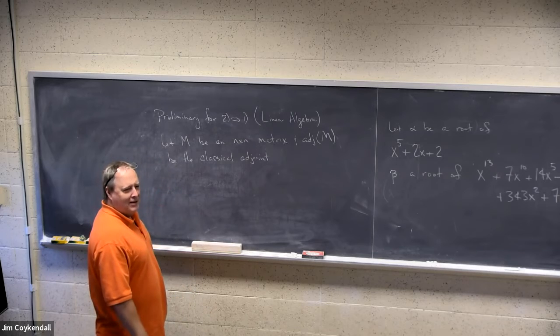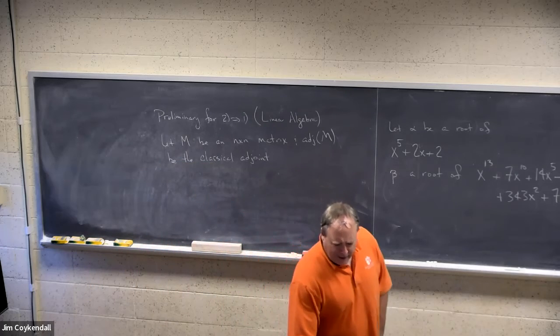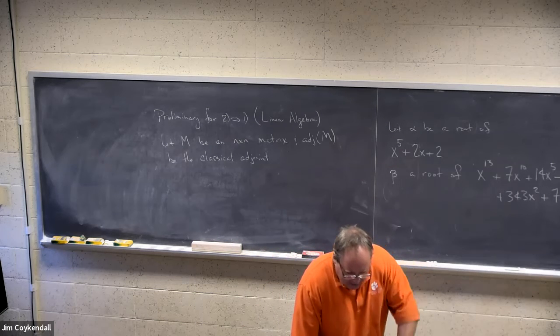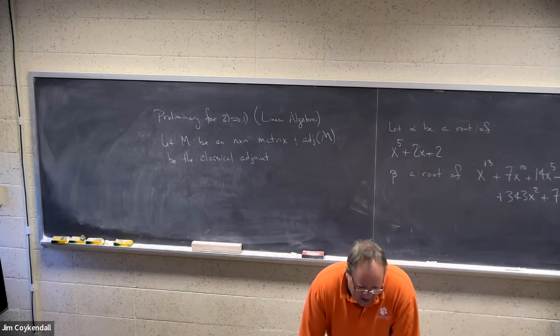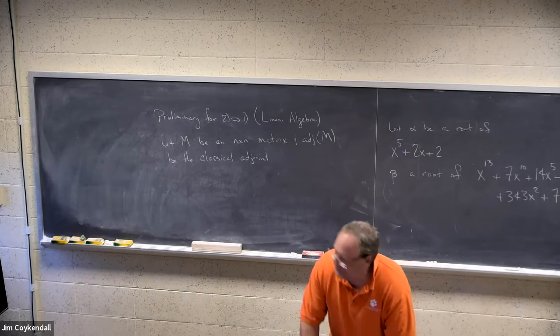I call it classical. The Beatles did it or something. So anyway, this is defined to be, so I'll remember, the classical adjoint is the transpose of the cofactor matrix.